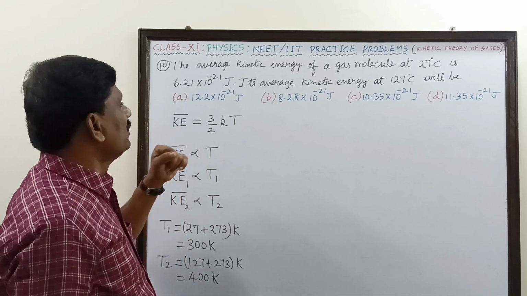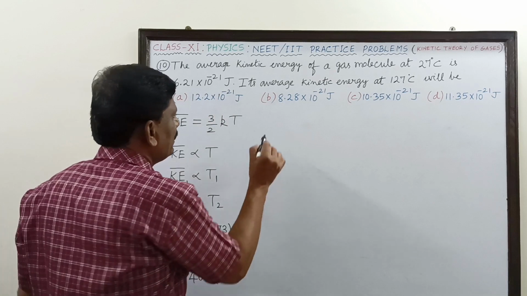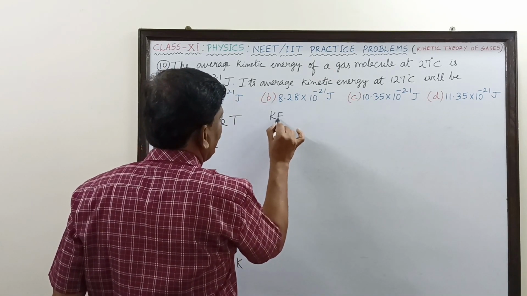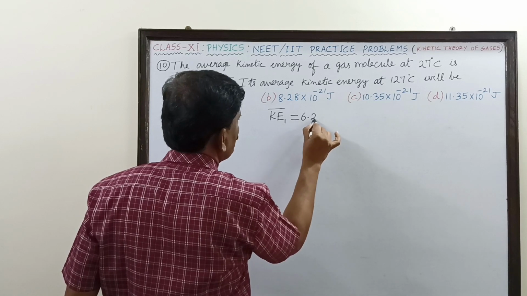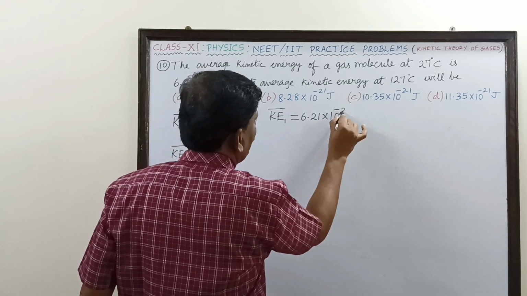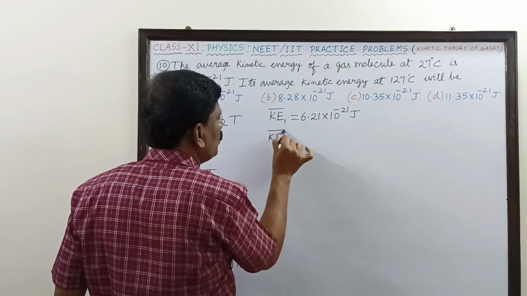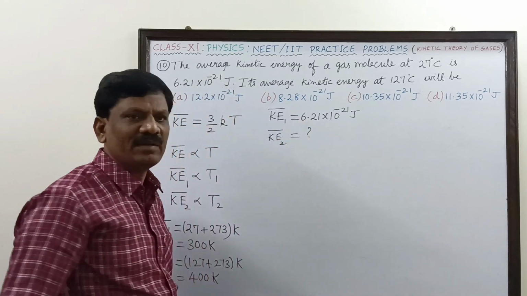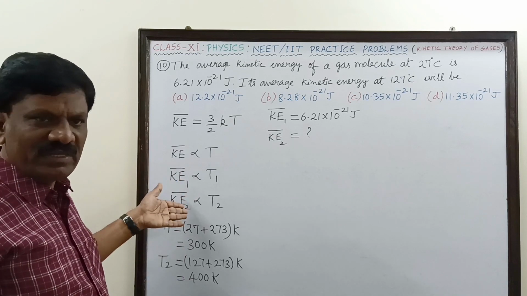Now KE1 is given. KE1, that is the average kinetic energy in the first case, is equal to 6.21 into 10 power minus 21 joule. And kinetic energy 2 is to be determined. So we can divide these equations.